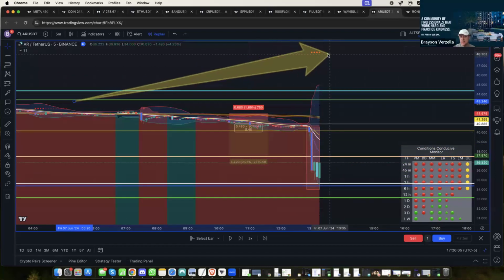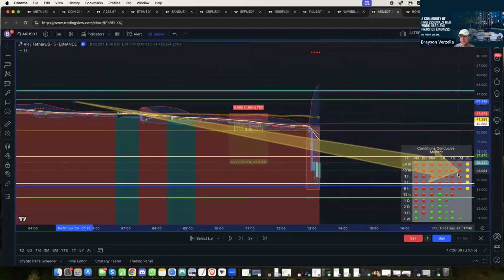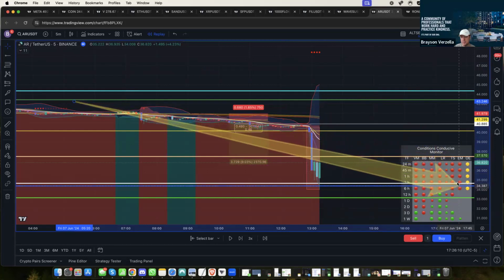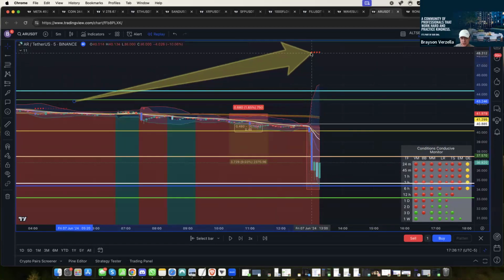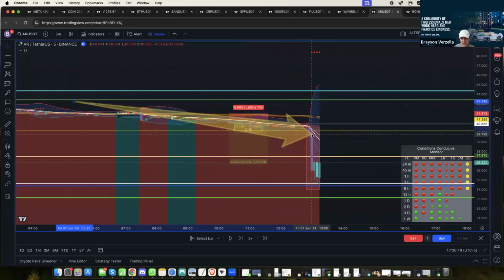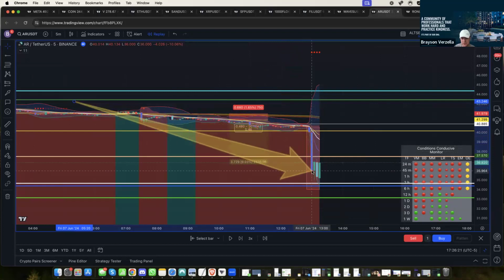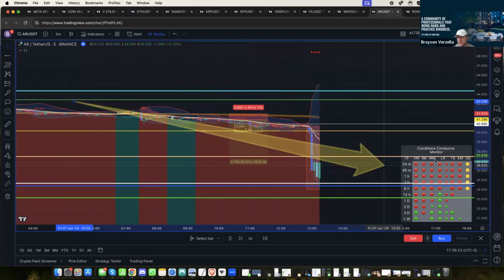The 5 minute, I wouldn't pay too much attention to. What's exciting is more so when they start filling in on these larger time frames. The 5 minute works, right? Like it worked here and showed up here, I guess, but I was already kind of too late relative to the 5 minute.